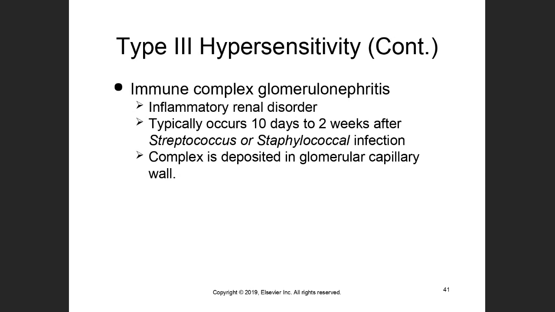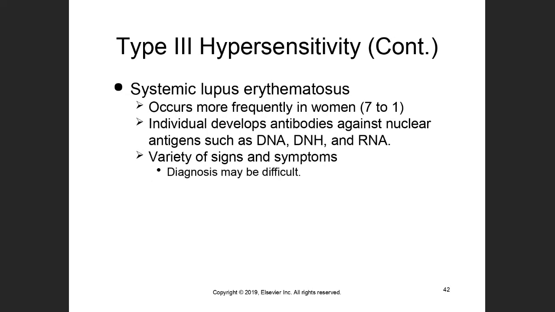And it's due to deposition of complement in the glomerulus. Systemic lupus erythematosus, that's another example of type 3 hypersensitivity reaction, okay? It's more common in women because lupus is more common in women.